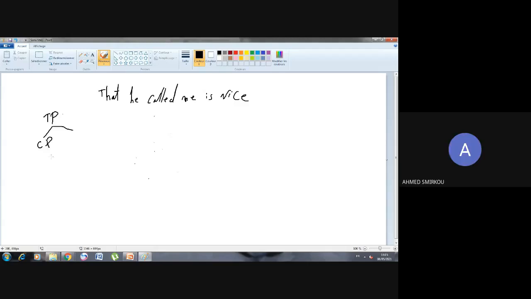In the right side, we have a VP. Then in the CP, we have the complementizer that, and TP.